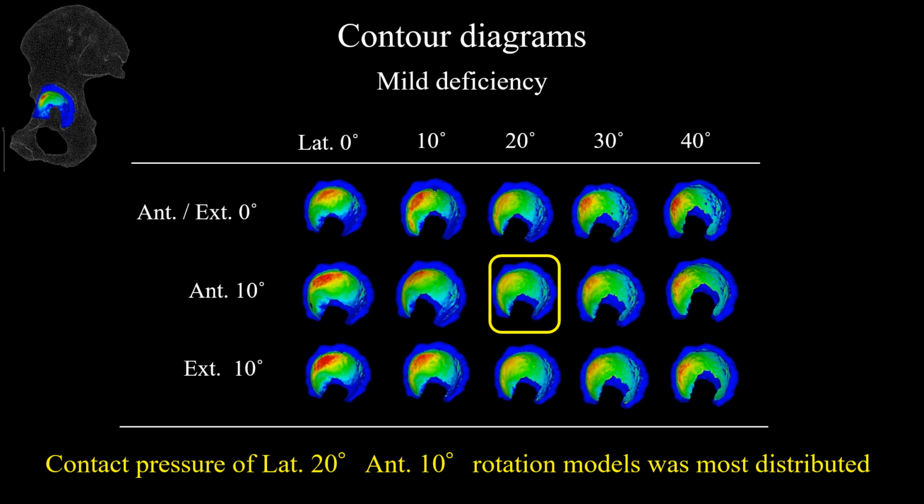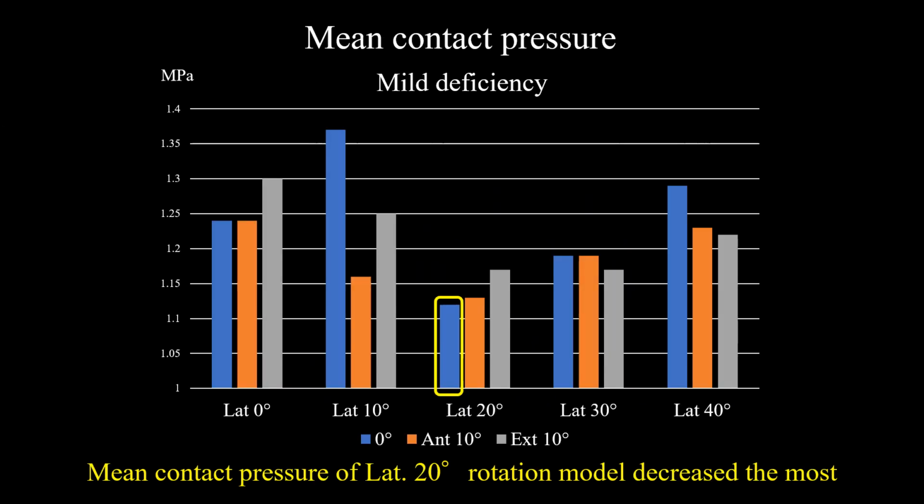This is the contact diagrams of mild deficiency. Contact pressure of lateral 20 degrees, anterior 10 degrees rotation models was most distributed. This is the mean contact pressure of mild deficiency. Mean contact pressure of lateral 20 degrees rotation model decreased the most.